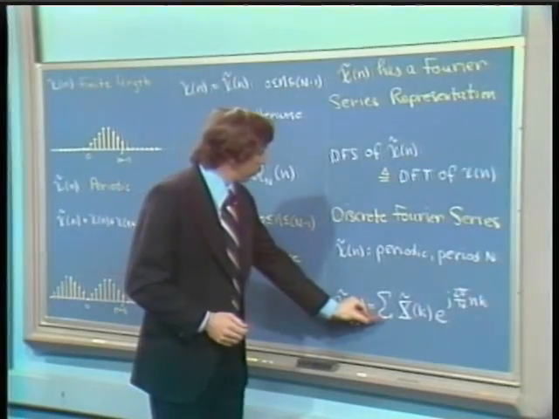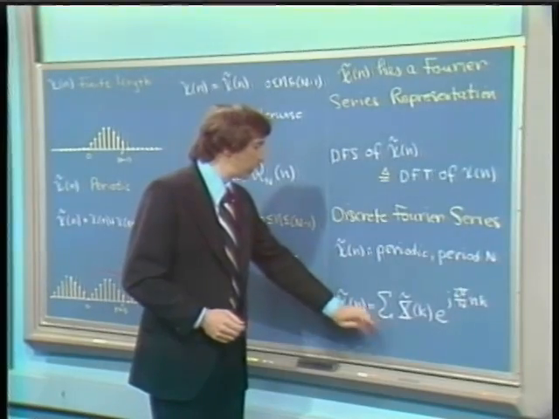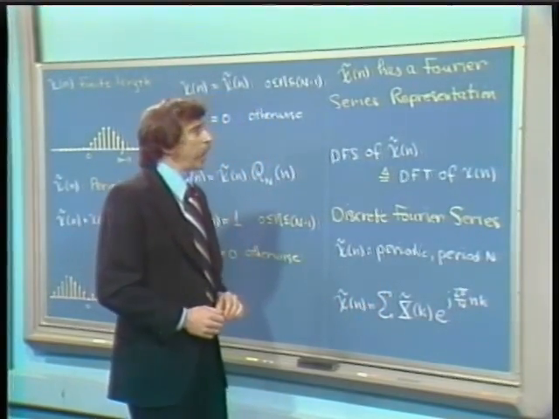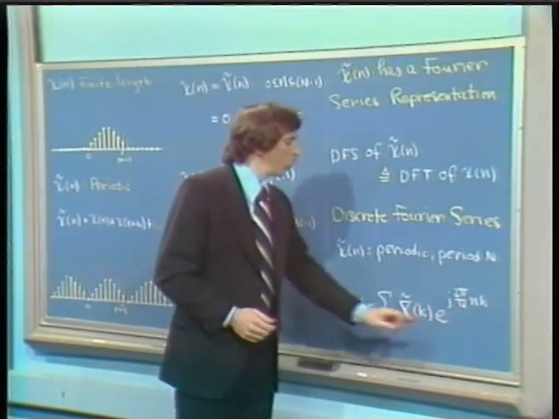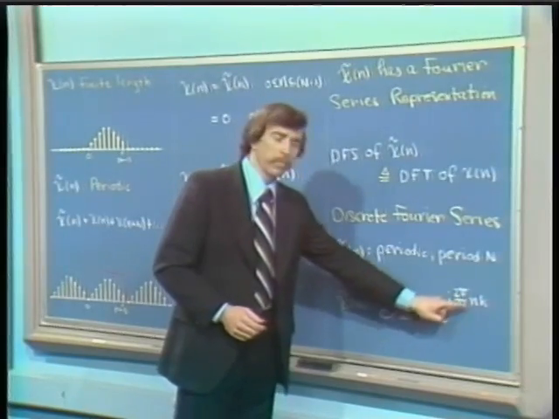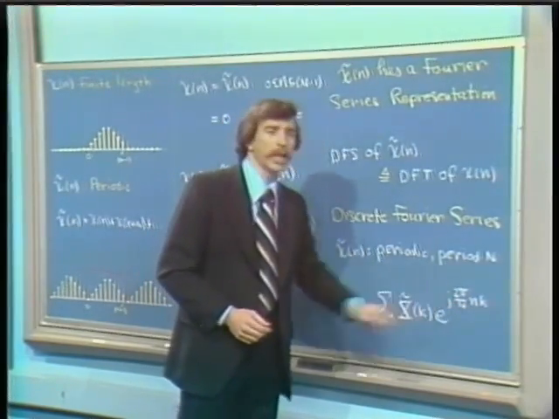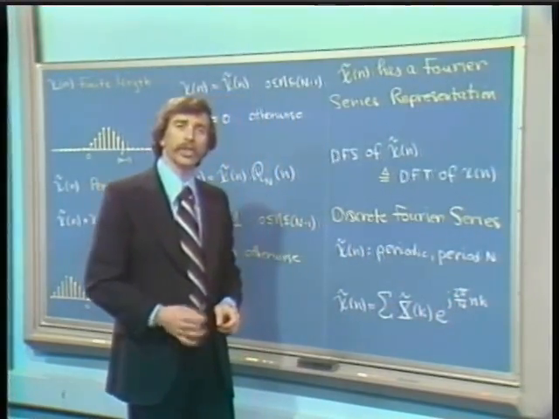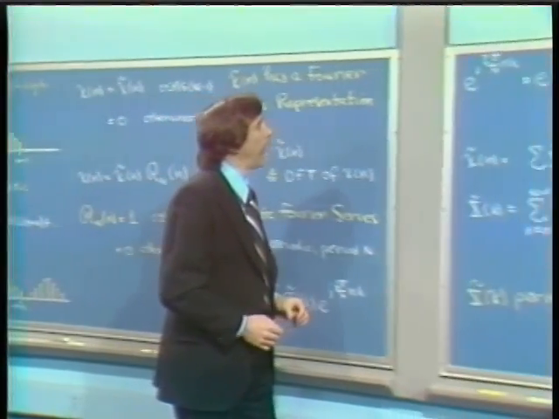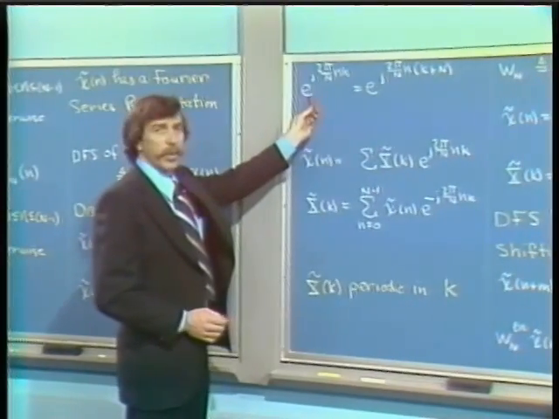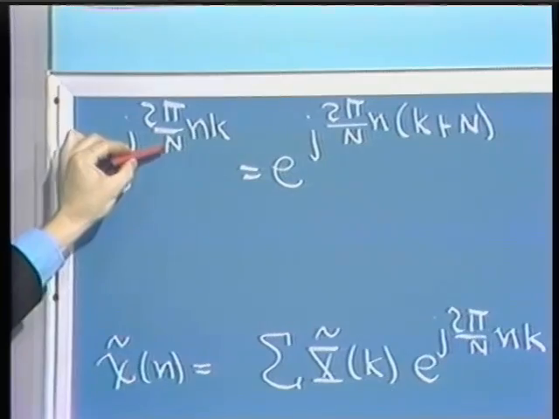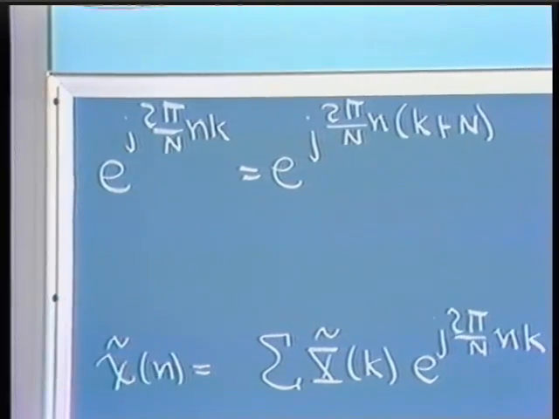Well, notice that I haven't specified as of yet any limits on this summation. And in particular, what we need to examine is how many distinct harmonically related complex exponentials there are. Well, let's take a look at the set of complex exponentials, e to the j 2 pi over capital N, little n k.